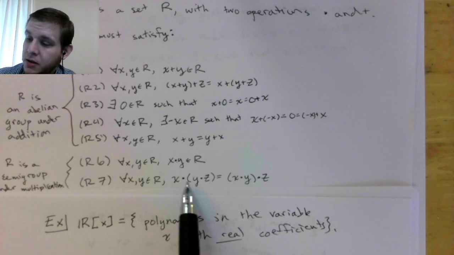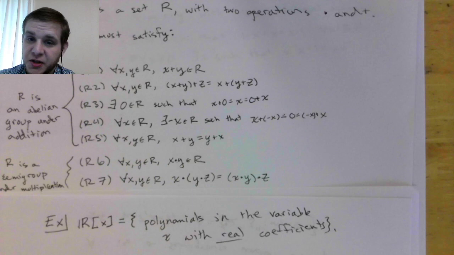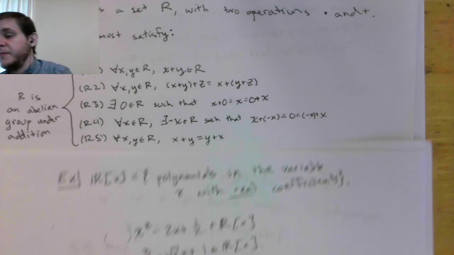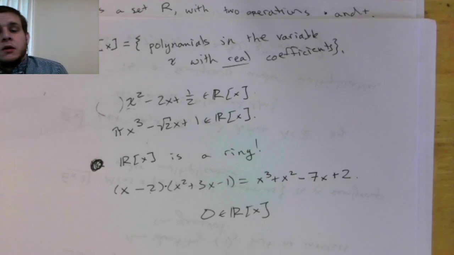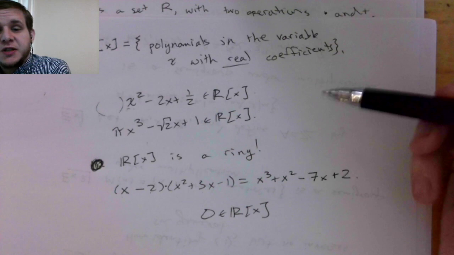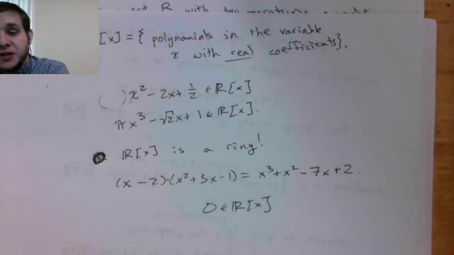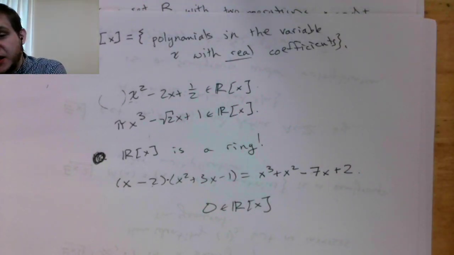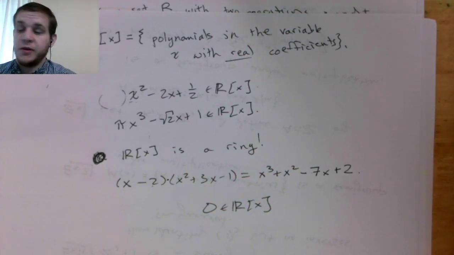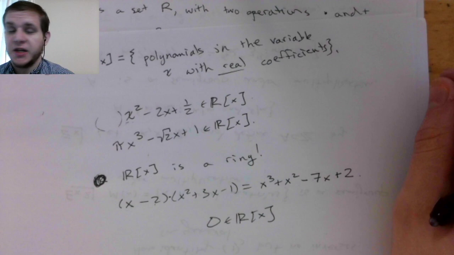The multiplication is associative, and I have this distributive property. In this case, the set of invertible elements is very small. It's just the set of nonzero constant polynomials. Those are the only ones that are invertible inside of this ring. Everything else is not invertible.